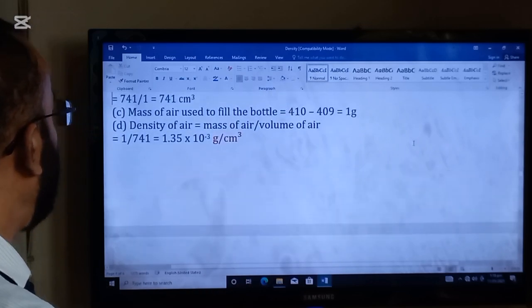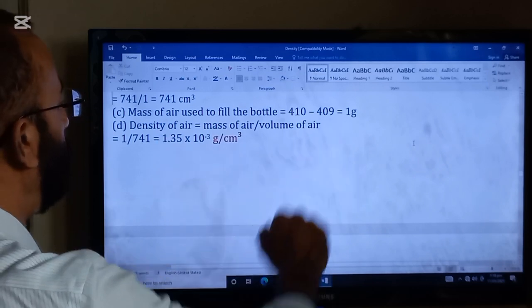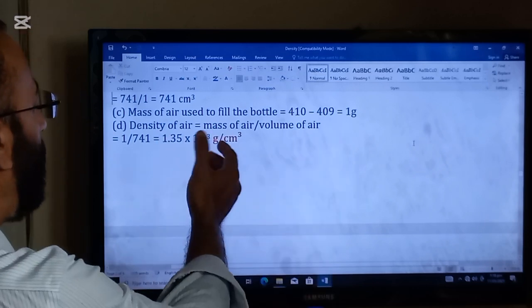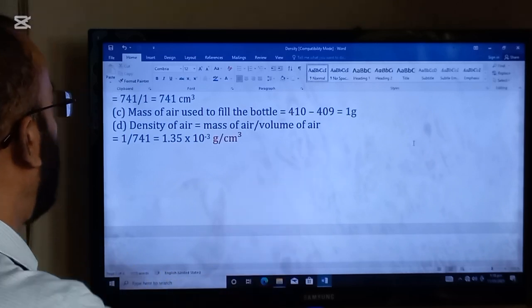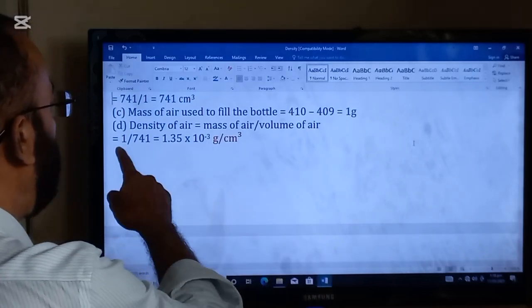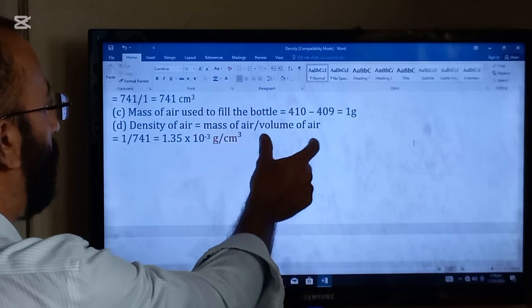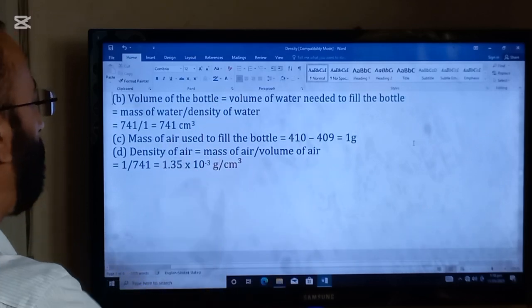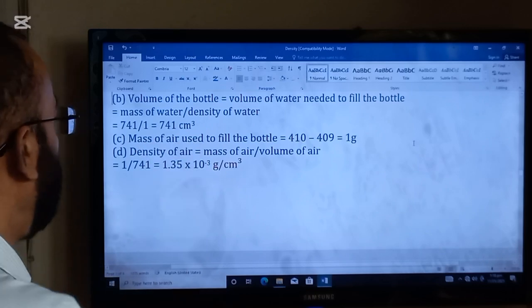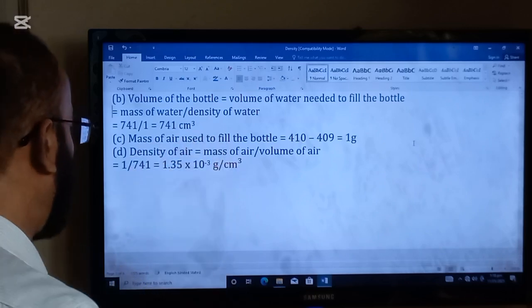So we have found out the mass of the air. Density of the air is equal to mass of the air over volume of the air. So mass of the air is 1 gram and volume of the air is 741, which we have found in B part. We'll put them in the formula, which will give you the answer.